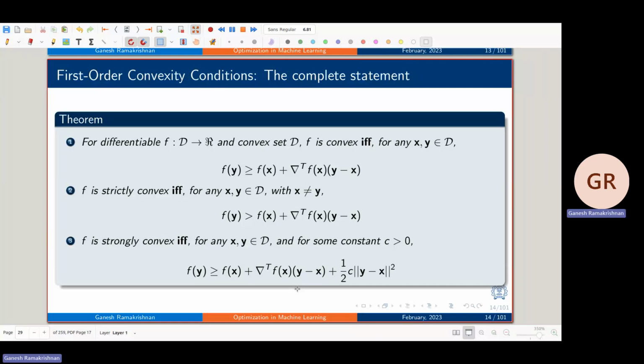Now the margin is a function of the distance between y and x.